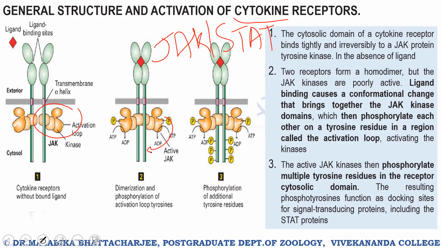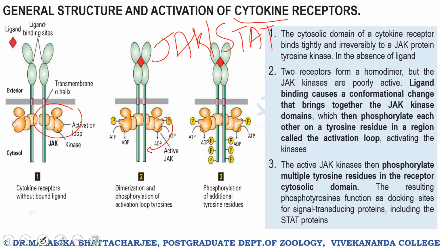As you can see from the picture, Janus kinases are part of the receptor, while STAT proteins are located in the cytosol and are referred to as latent gene regulatory proteins because they only migrate into the nucleus and regulate gene transcription after they are activated.